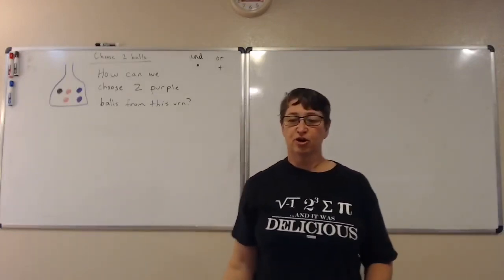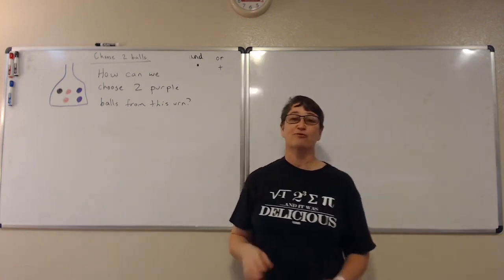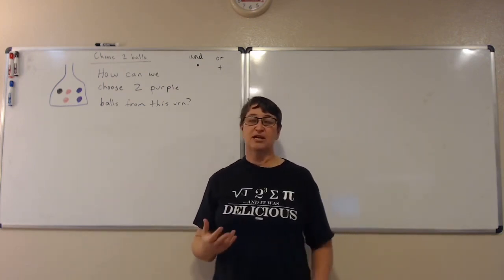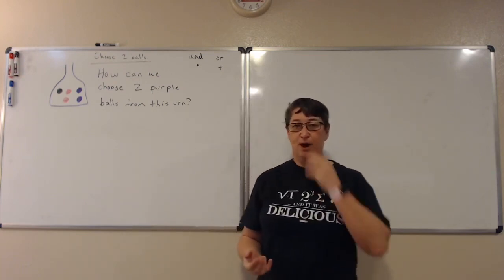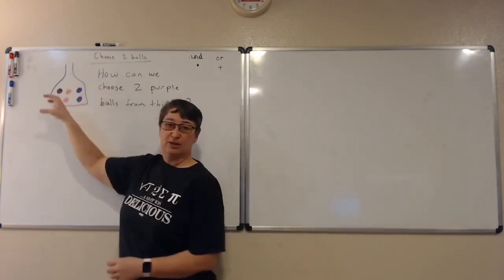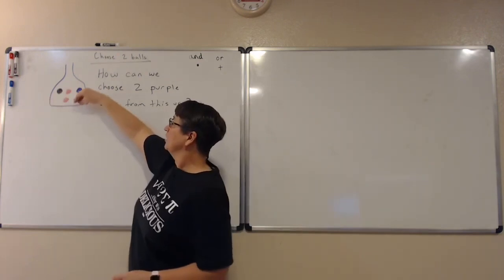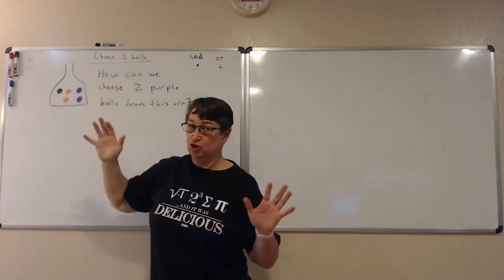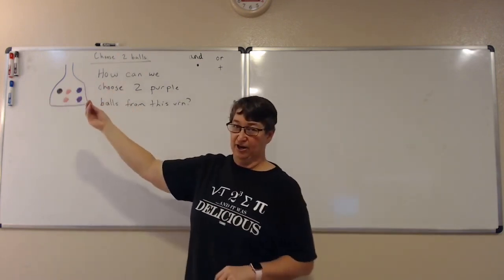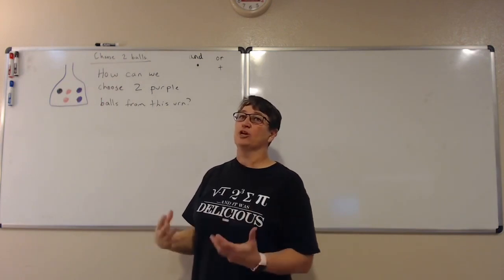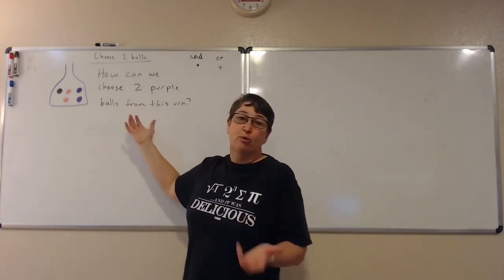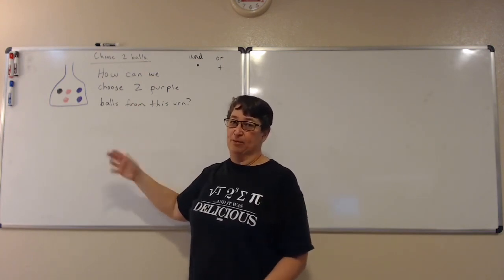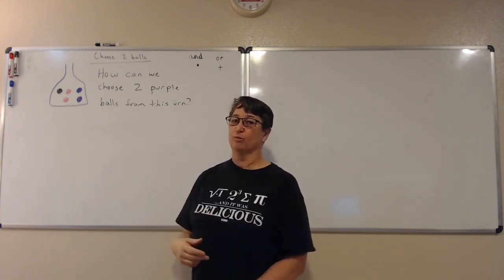Now, these balls in an urn problems are great for representing when we sample from a population. Here's my entire population, and I'm going to randomly choose two things out of there, and I want to know, how can I go about getting two purple people? How would that happen?